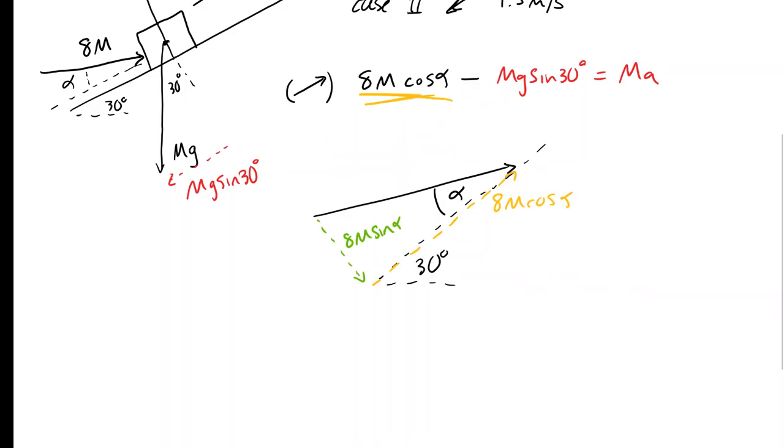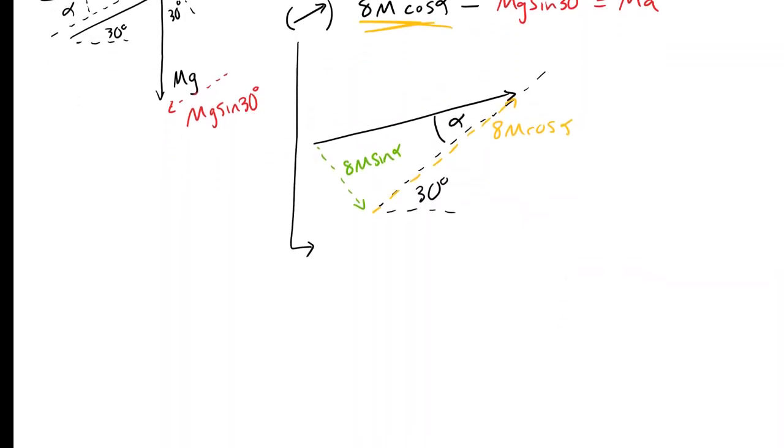Okay, so that equation, we'll bring that down and we can take m out of the equation. So we can write 8 cos alpha minus g sine 30. Sine 30 is just 1/2, so we'll put that over 2. Acceleration is 1.5. So the only unknown there is alpha.